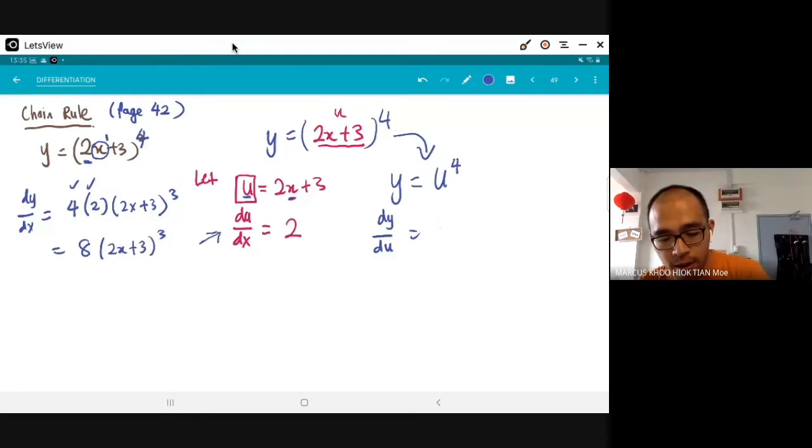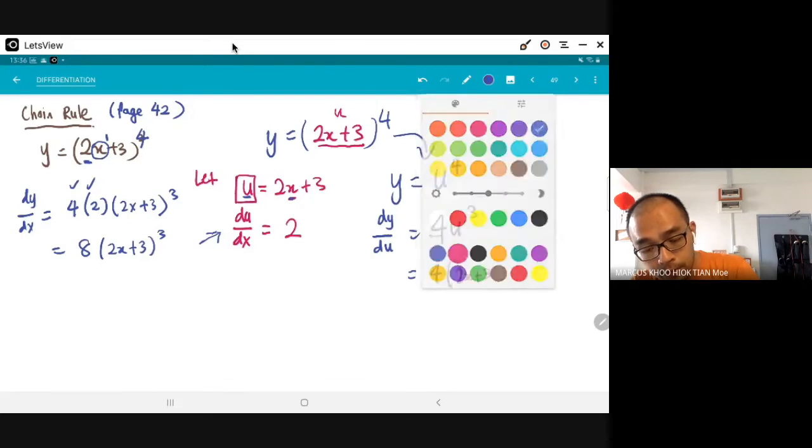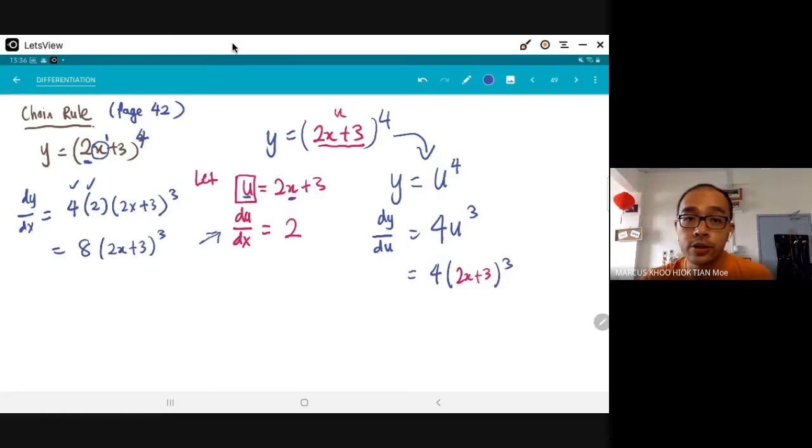So this will be 4u to the power of 3. 4u to the power of 3 is actually 4 times 2x plus 3, oh sorry, pink color, 4 times 2x plus 3 to the power of 3.